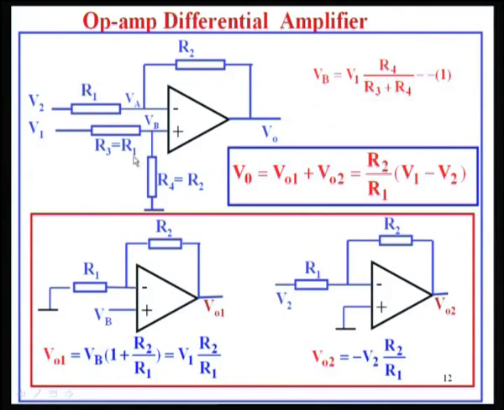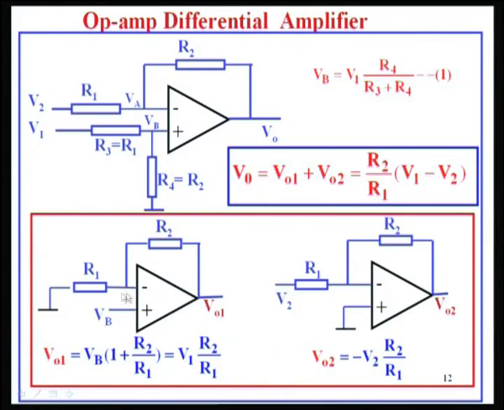I have written R 3 and R 4 to distinguish between the two, but in reality R 3 is made equal to R 1 and R 4 is made equal to R 2. Therefore, V b will be V 1 into R 2 divided by R 1 plus R 2. Now, if I have V b applied here, this is the non-inverting amplifier.